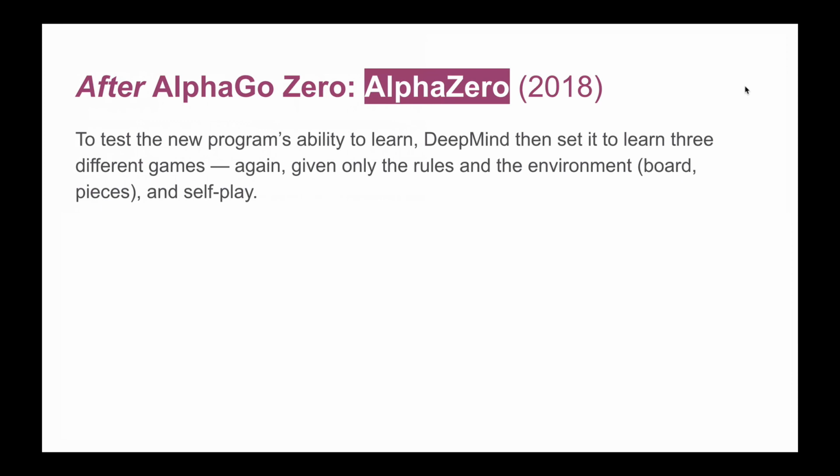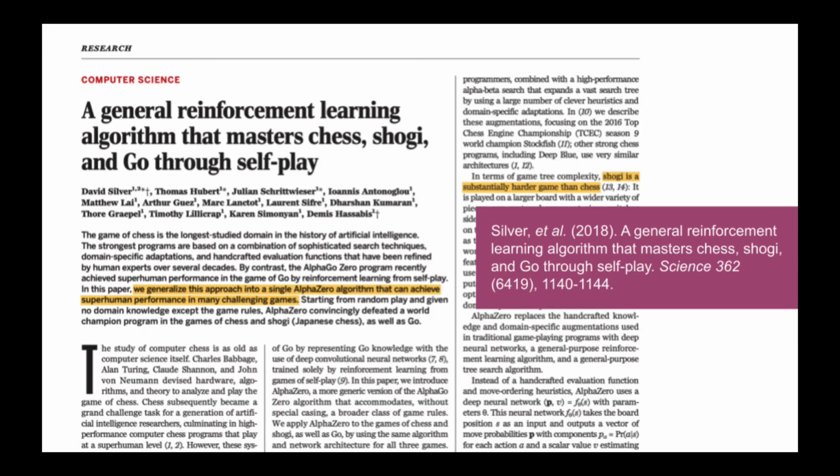Notice the word Go is gone because this is a new generalized program that could learn Go and other two-person strategy games. AlphaZero uses the same convolutional neural network architecture as AlphaGo Zero. So the two Zeros use the same kind of architecture.